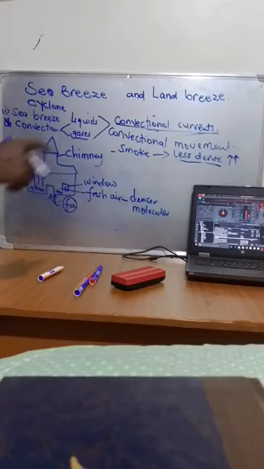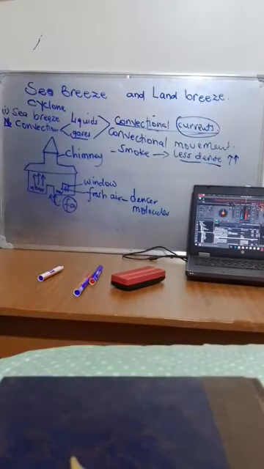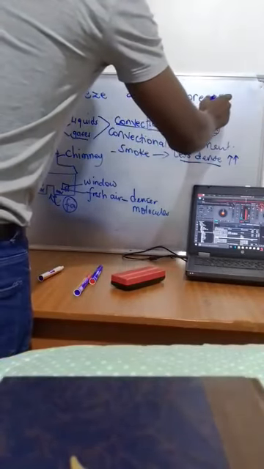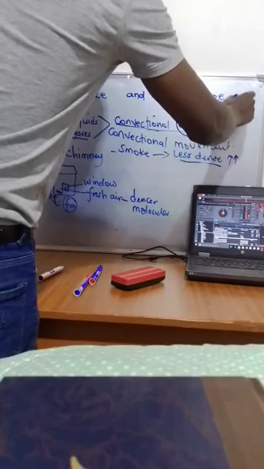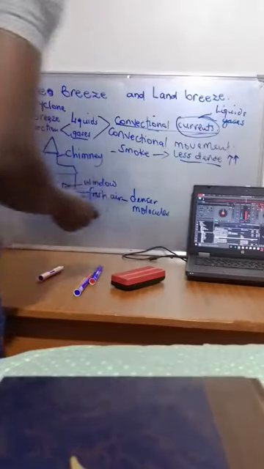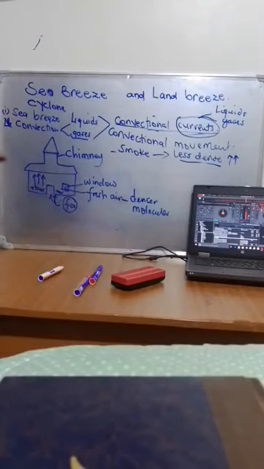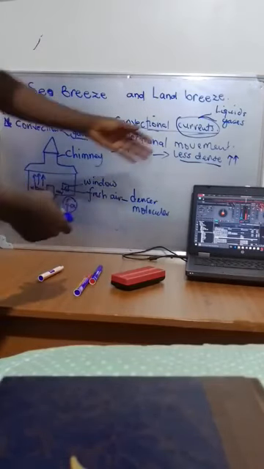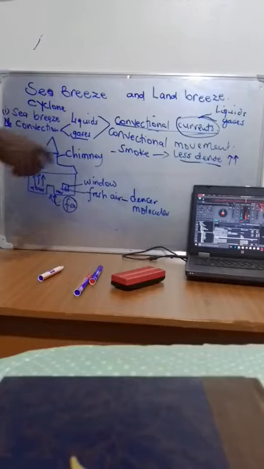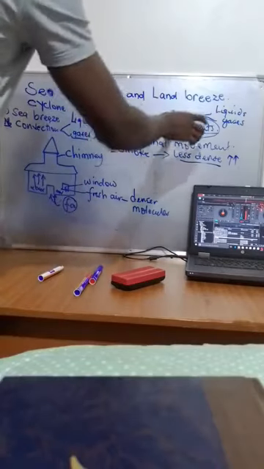We use the word current because the movement takes place in liquids and gases. The movement of mass liquid or mass gases, we call it current technically. So because it is by convection, the whole thing becomes convectional currents.